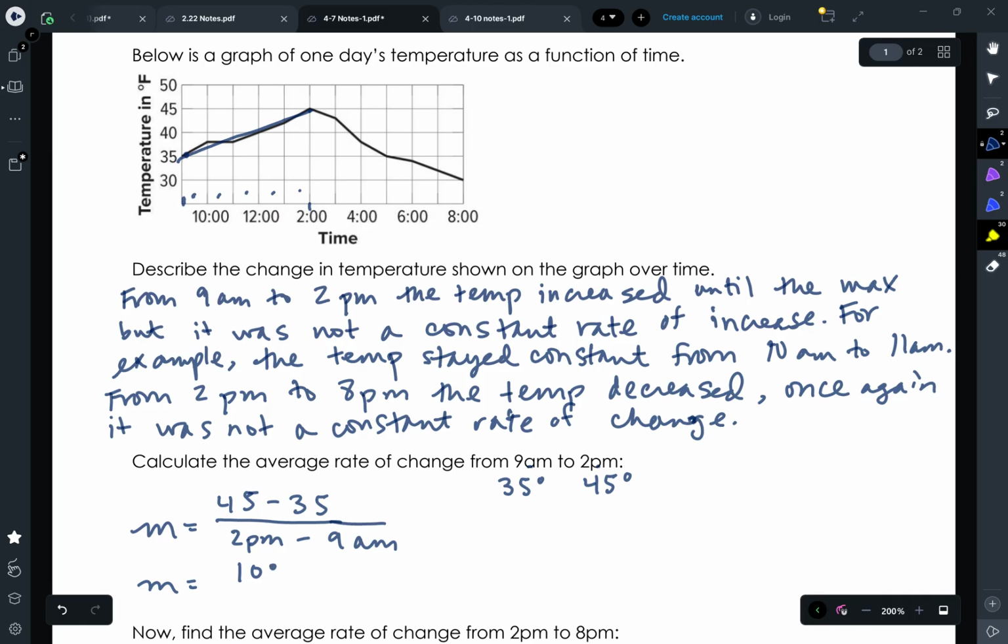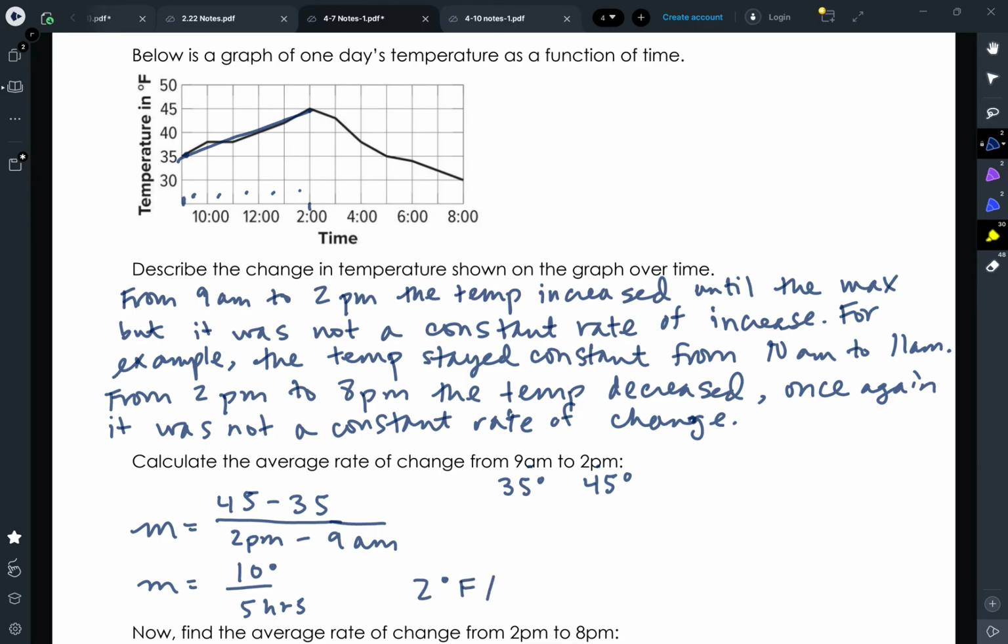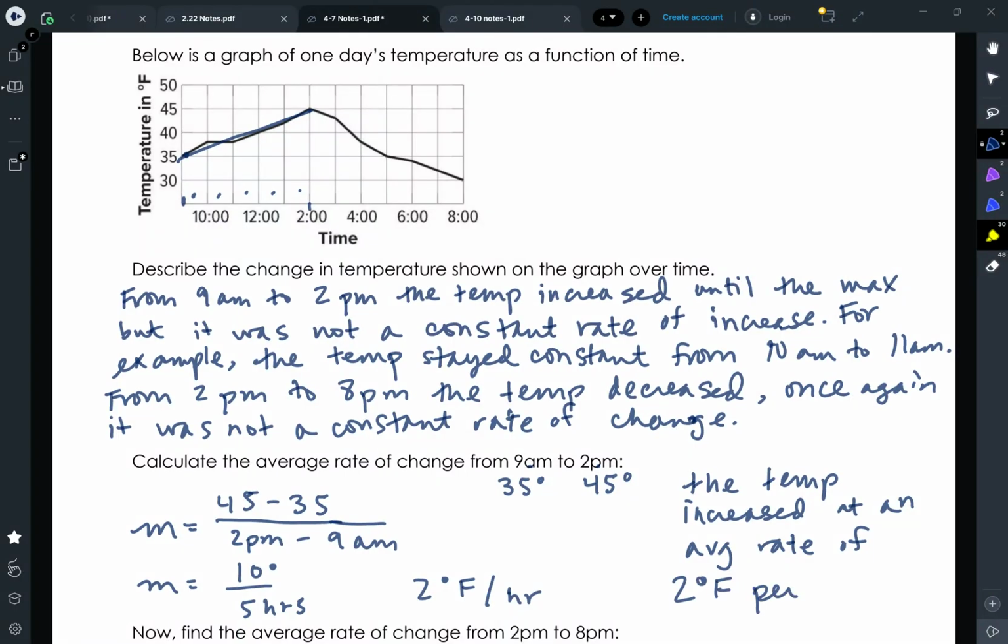So 10 degrees over 5 hours, which means 2 degrees Fahrenheit per hour. So the temperature increased at a rate, or at an average rate, of 2 degrees Fahrenheit per hour.